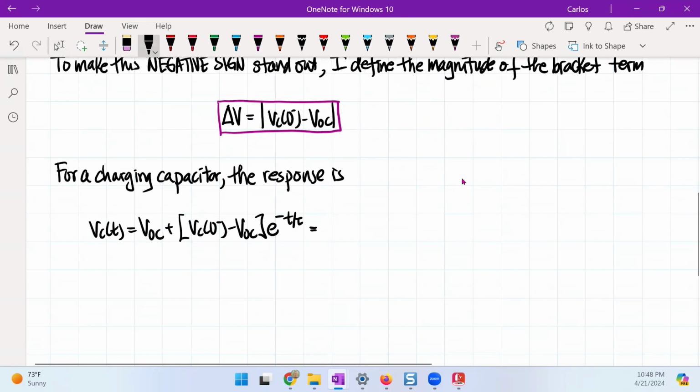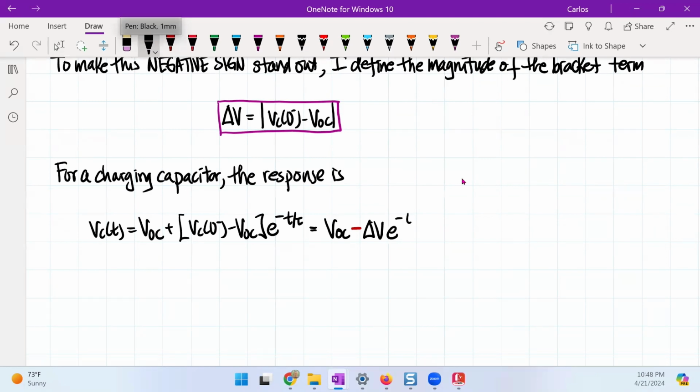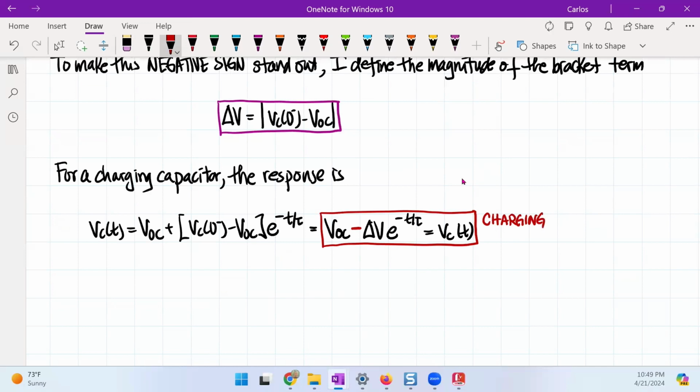So I'm going to put that negative sign in by hand, but that's the magnitude of the bracket term, and this is e to the minus t over tau, and we're saying that this here is the complete response of a charging capacitor. So this is only valid for a charging capacitor.